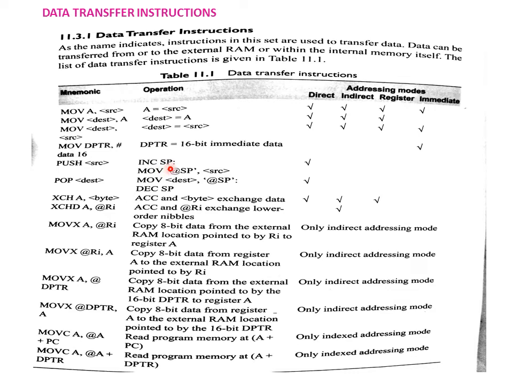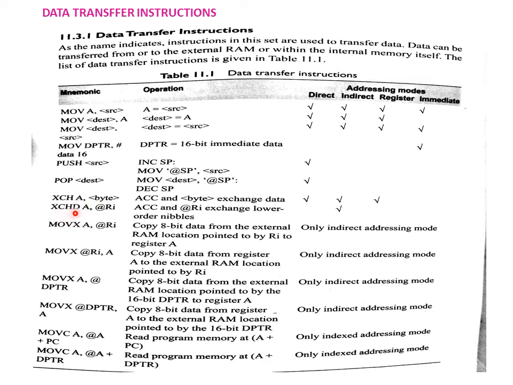We already know the stack pointer is used for increment or decrement for pushing and popping operations of the stack. Next, POP destination register, same, decrementing the stack pointer register. Next, XCH A comma byte. We already know XCH is nothing but exchange. The byte is exchanged with the A register.